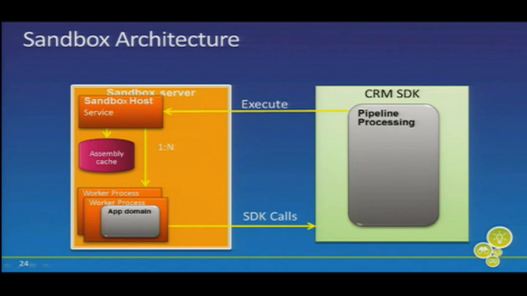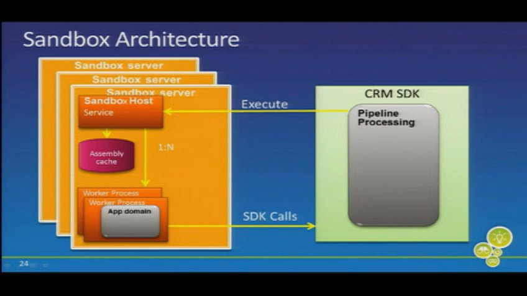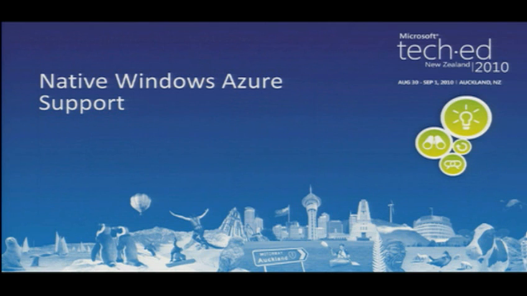Obviously, your plugin is going to make calls back through the SDK, back to CRM, and the sandbox is going to monitor your code as it executes to see if you are being naughty. We can scale out those sandbox servers and we round robin route the execution to one of those sandbox servers as we go.